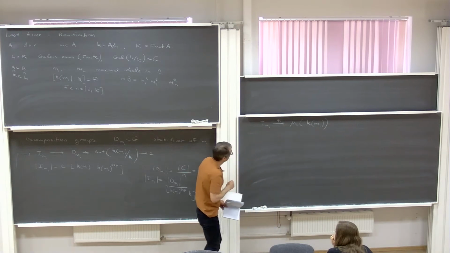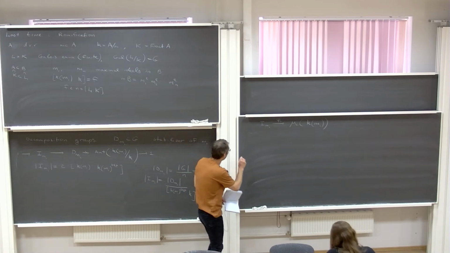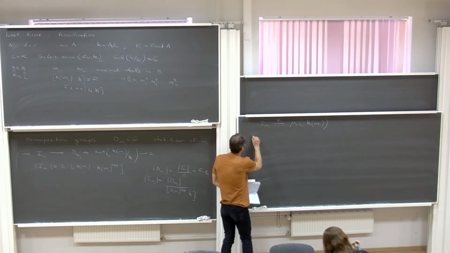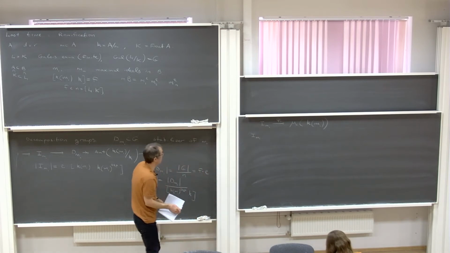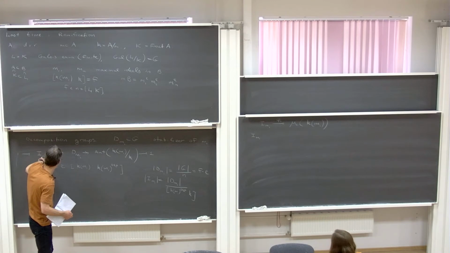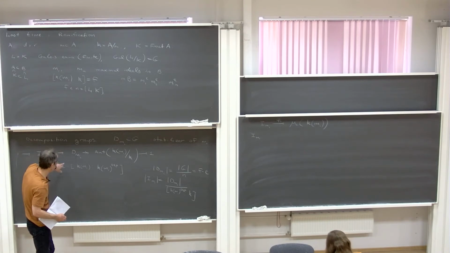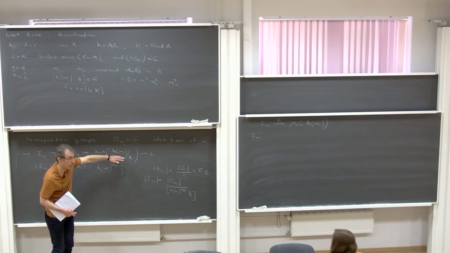Okay. So how do we define this? Well, I acts on B, it preserves the maximal ideal, and it acts trivially on the residue field.